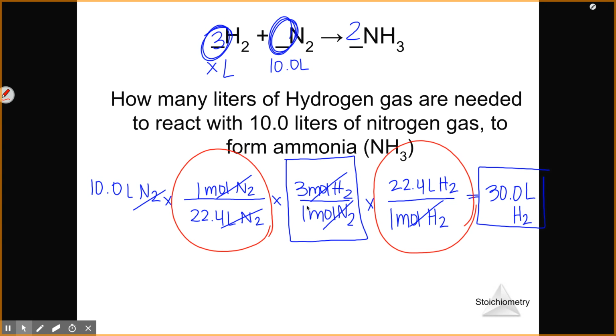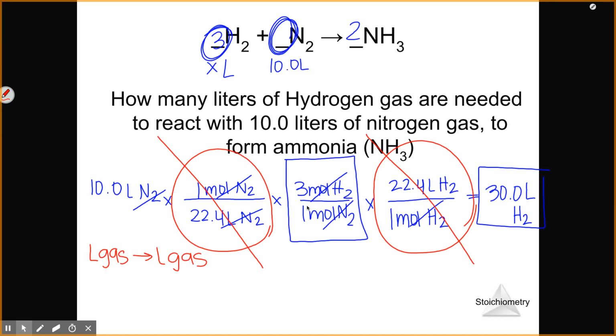And so when we do a liter of gas to a liter of gas calculation, we can actually ignore this step and we can just use the mole ratio. It totally works to do it all. But if you're looking to save a little bit of time, when it's a liters of gas to liters of gas problem, we can skip those two steps, just because they cancel each other out at the end.